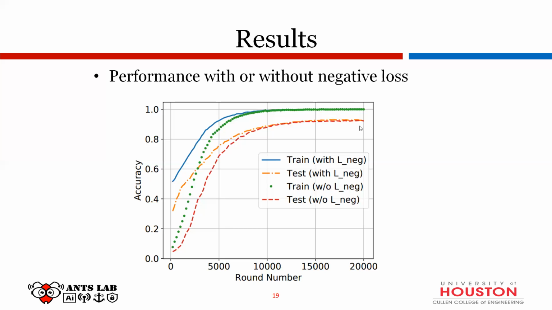And the red and yellow lines give the same result, right? So as a result, they claim that you don't really need to calculate a negative loss after all, with their method, of course. So these are the results for this paper.